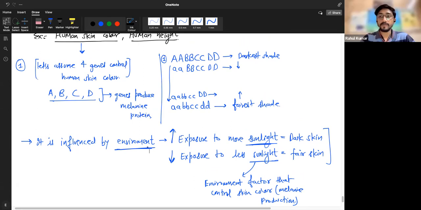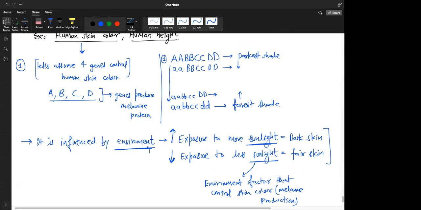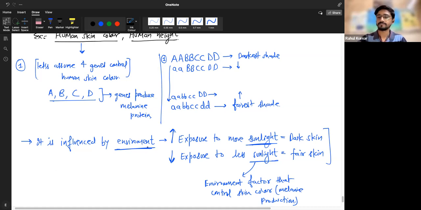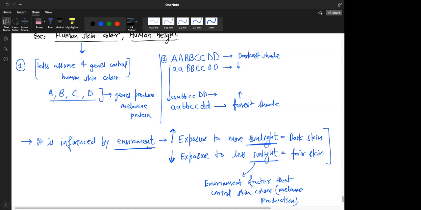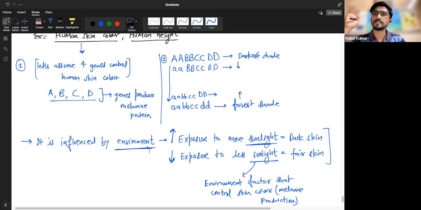You know, height also has multiple genes that control it. And can you tell me what environmental factors height depends on? It depends on the altitude. If a person is living in the equatorial region, he will be taller as compared to the polar region of the earth, based on gravity.